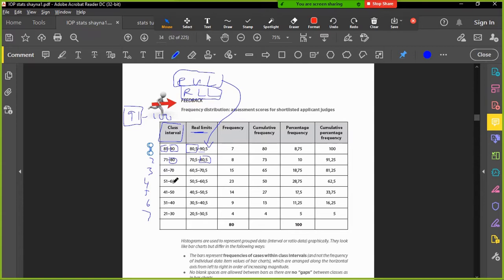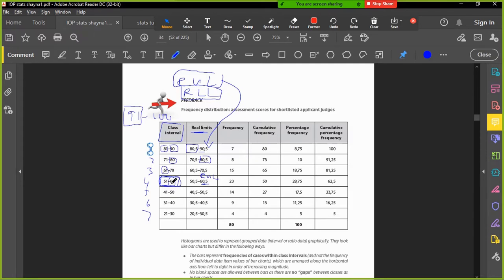Okay, let's do another one. Here, this is the class. If I want the real upper limit, how am I going to get 60.5? Which two amounts do I add? No, 61 is the lower class interval and 60 is the upper class interval.